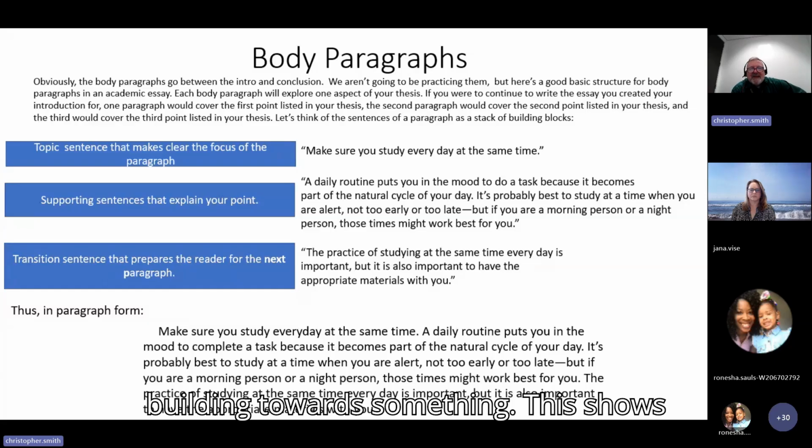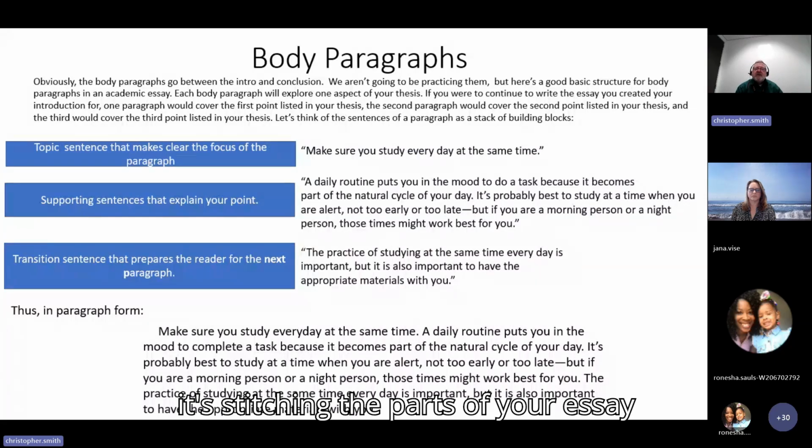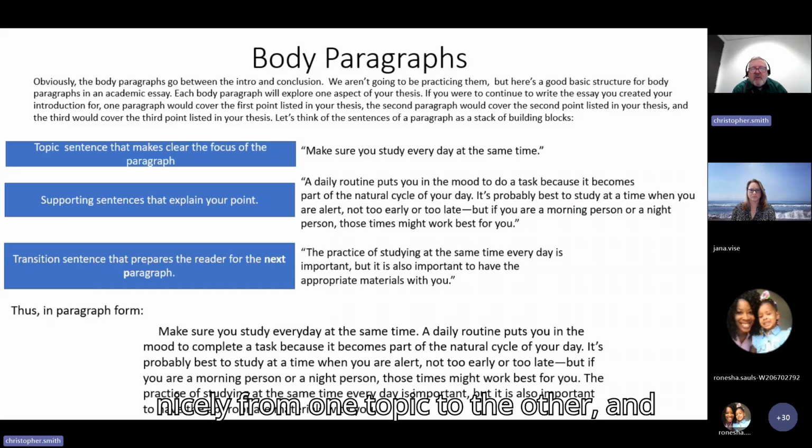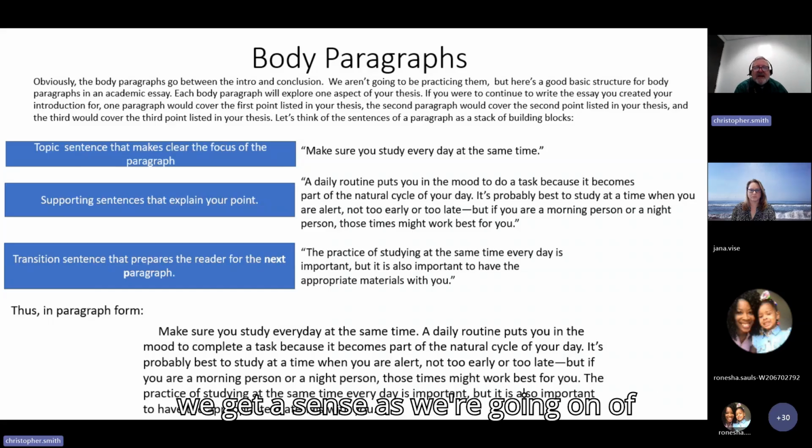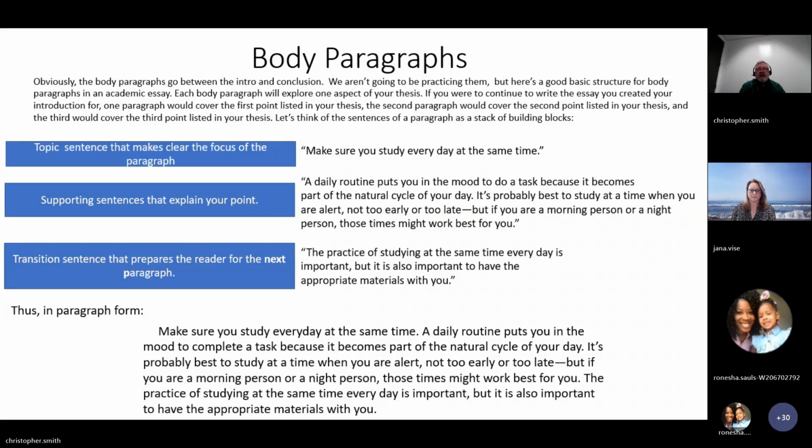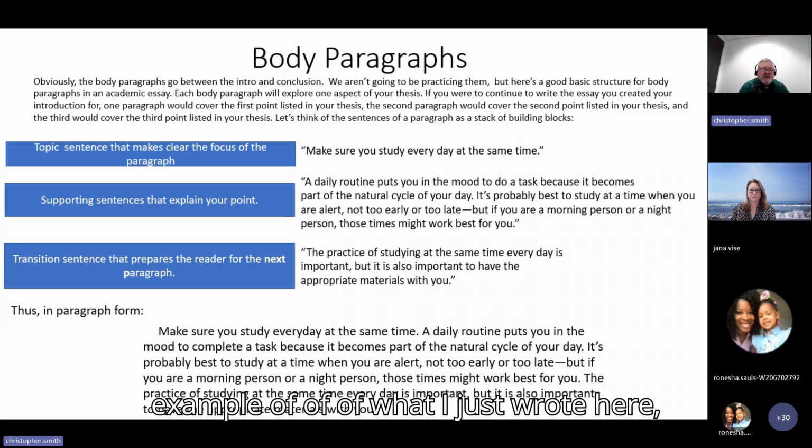This shows it's stitching the parts of your essay together so that it flows nicely from one topic to the other, and we get a sense as we're going on of a paper developing, moving in a particular direction. And then, of course, I've given you the example of what I just wrote here, but in paragraph form.